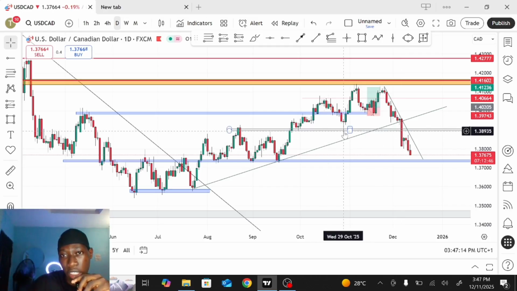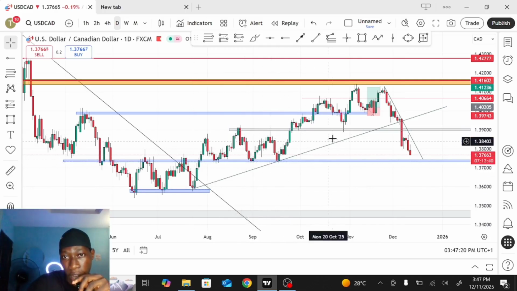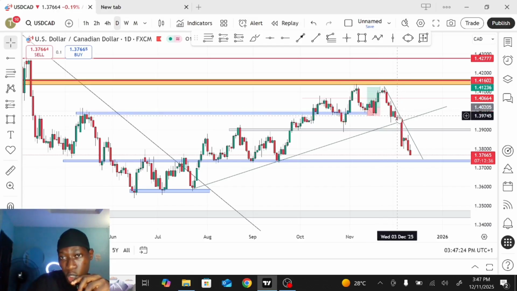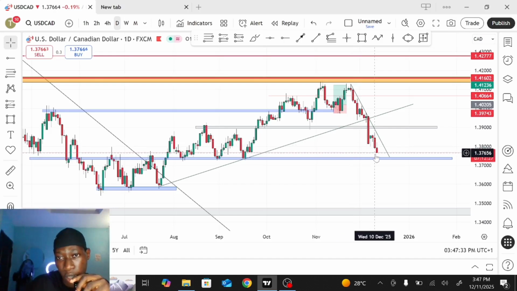So the market created a low here. Let's say this is low one, low two, this is low three, this is low four, and then the market came to this trend line, then broke it. So what am I expecting in this particular market? I'm expecting this market to come to this particular level and either make a retracement towards the upward side, one of these two things.